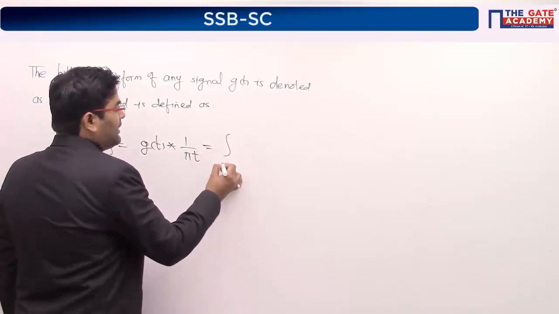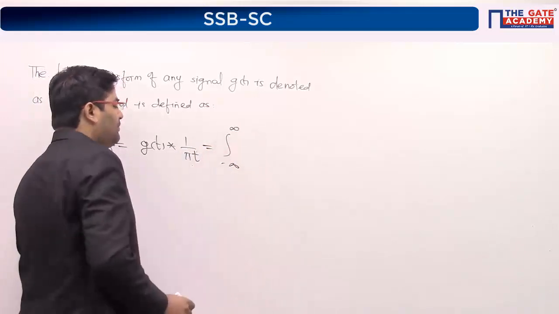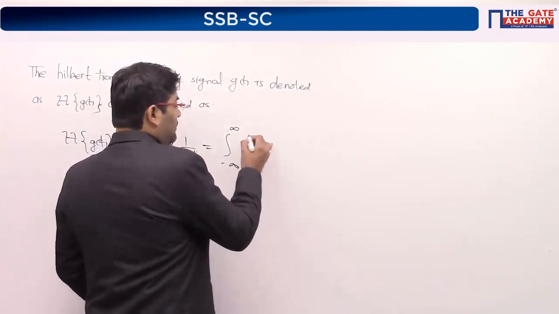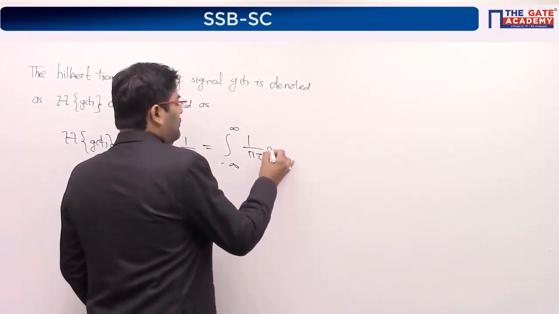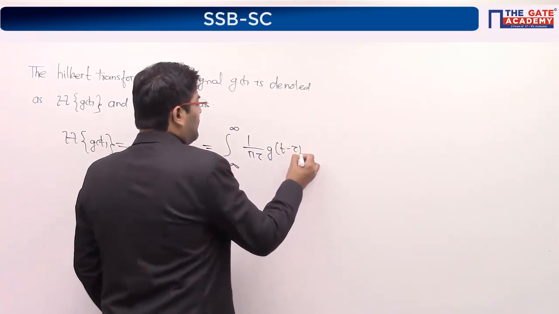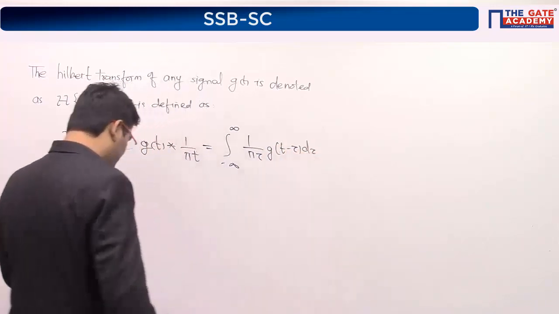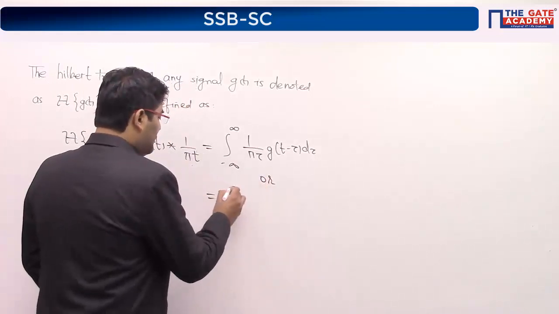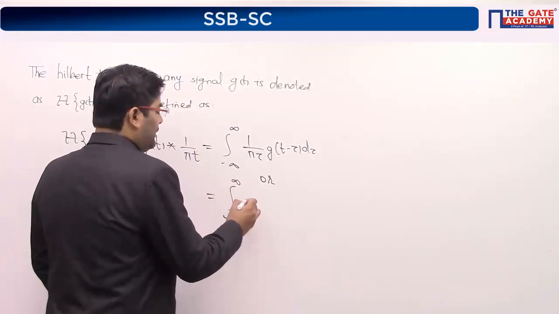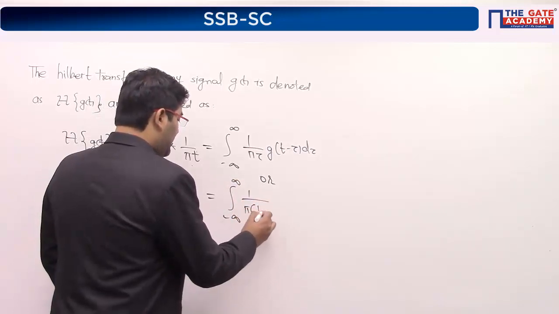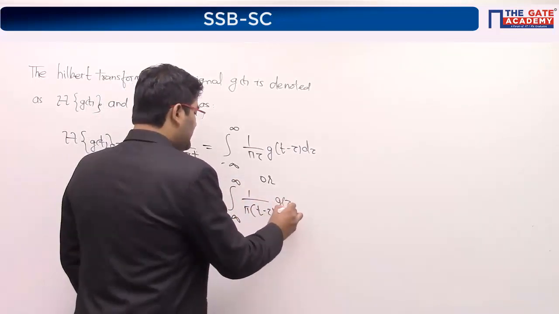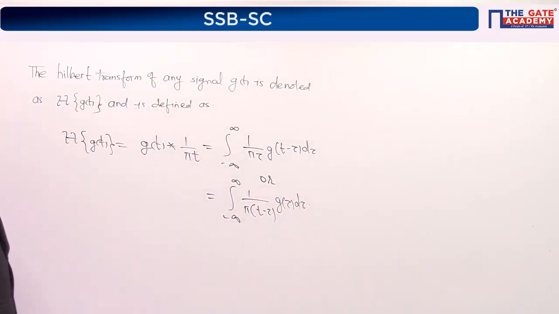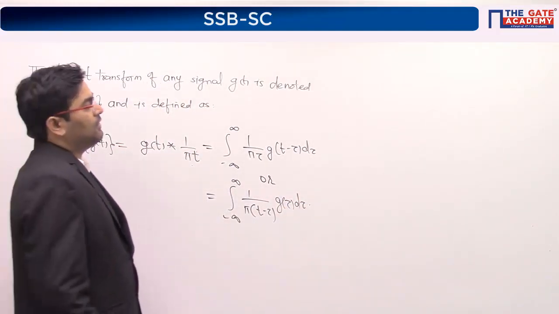Either you can write it in the time domain as the integral of 1 upon pi tau g of t minus tau d tau. The other way to write the same thing is the integral from minus infinity to infinity of 1 upon pi (t minus tau) g of tau d tau. This is how you write the convolution formula, if you recall from signals and systems.